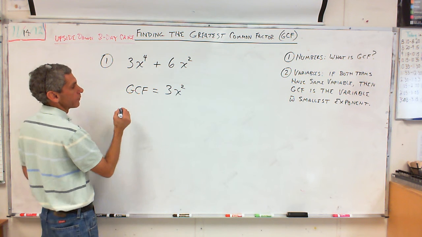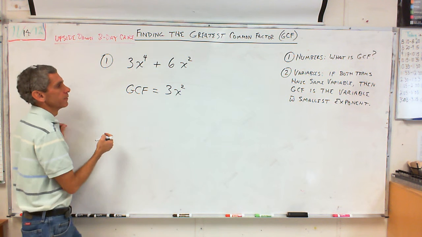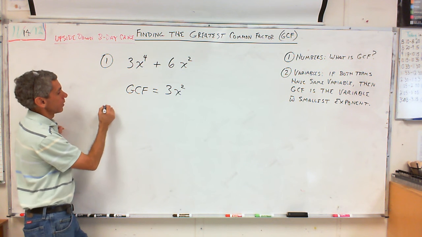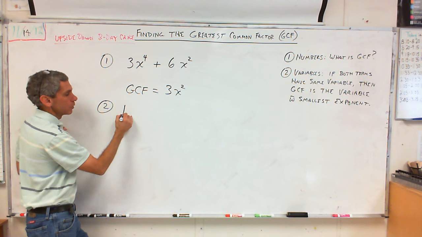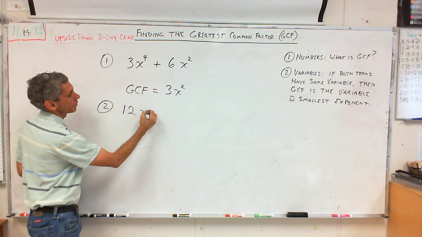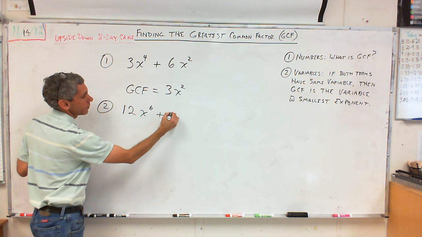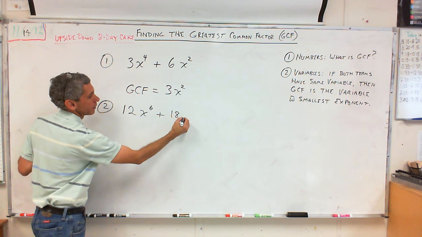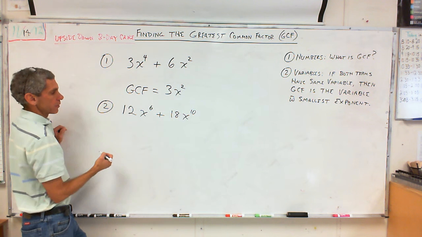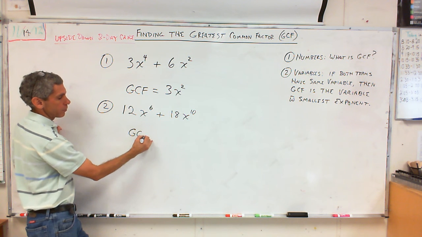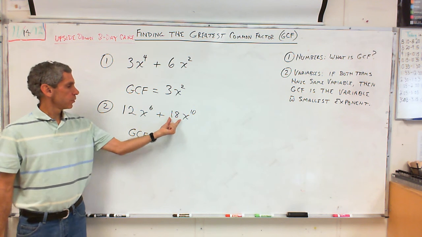Now let's try another one. Let's say we have 12x to the 6th plus 18x to the 10th. I want to know what my greatest common factor is. Does 12 go into both of these numbers?